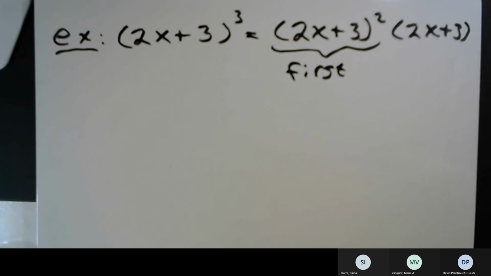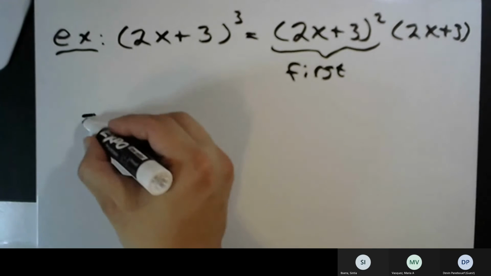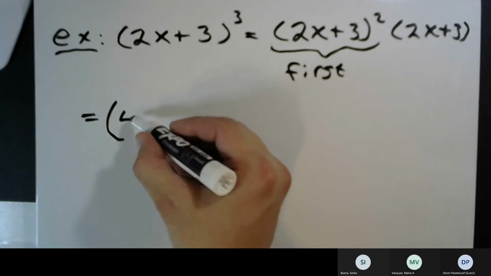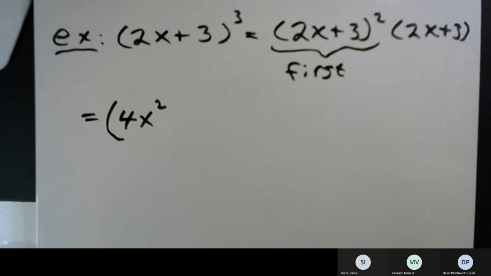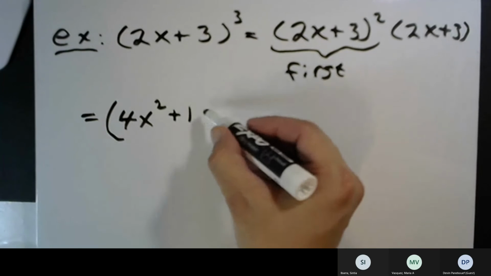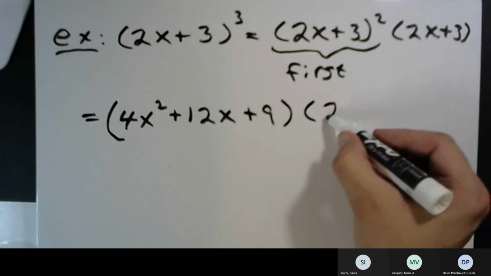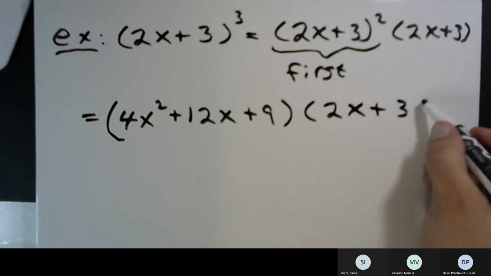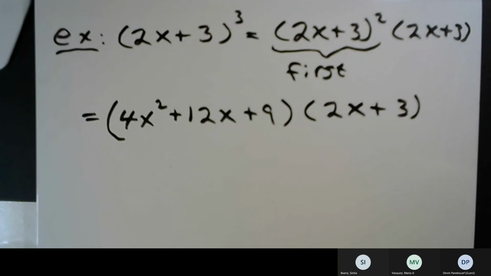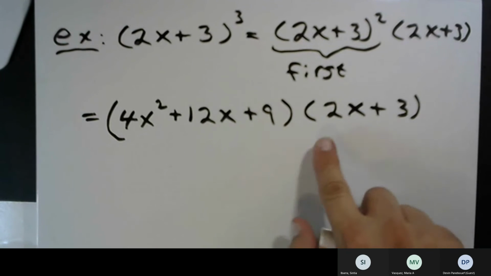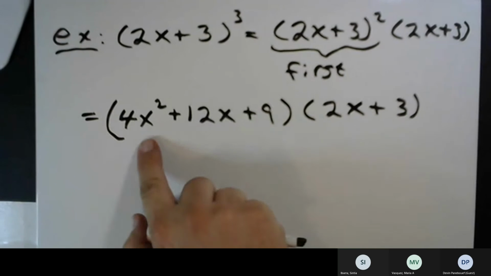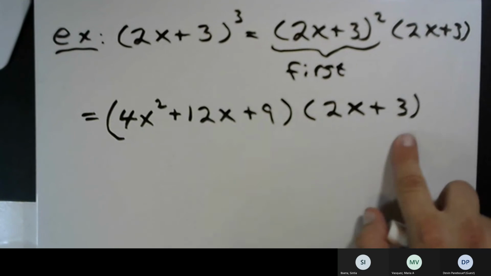And you can use your a squared plus 2ab plus b squared. And what you're going to get, for the sake of time, I'm just going to give the answer. You'll get something like this, times 2x plus 3. Let me double check my figures there. Okay. And then you could compute this, either distributing 2x plus 3 to each of these terms, or you could use the column method.